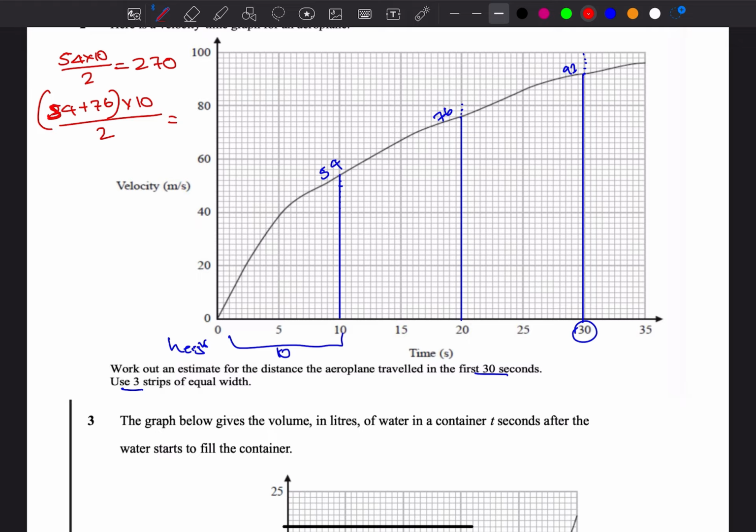Next one, 76 add 92 times it by 10 divided by 2. What is the total?